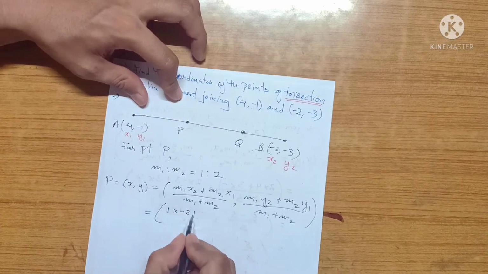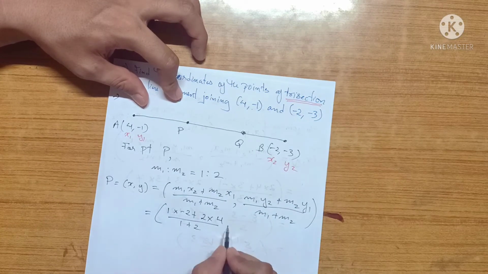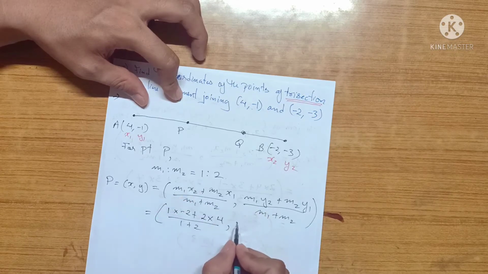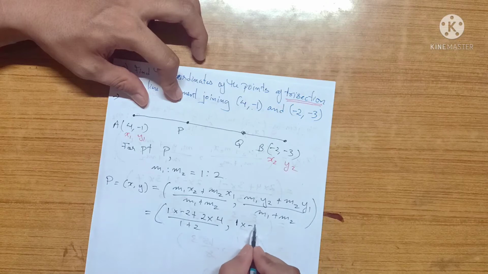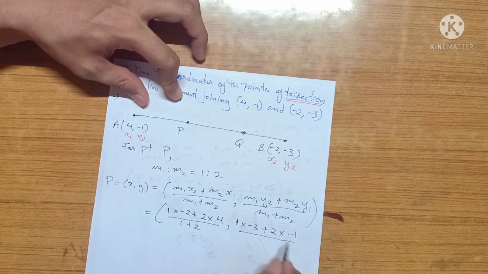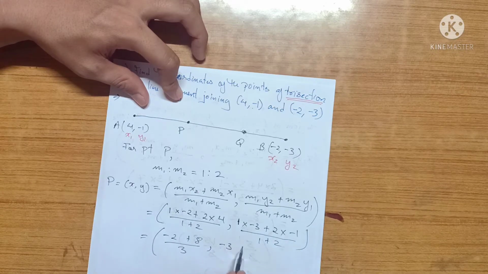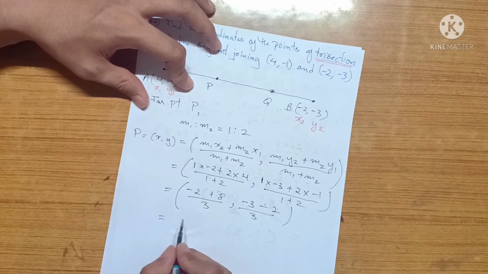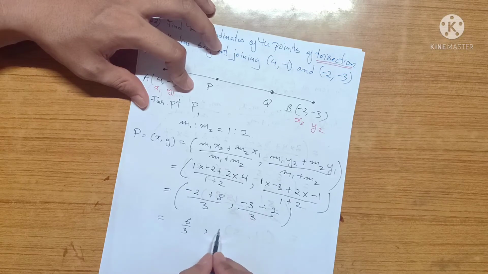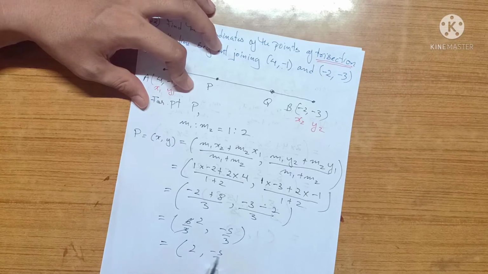So x2 is minus 2, plus m2 is 2, x1 is 4, by m1 plus m2, 1 plus 2. Here m1 is 1 again, into y2, which is minus 3, plus m2 is 2, into y1, which is minus 1, by 1 plus 2. So we're getting (minus 2 plus 8) by 3, comma, (minus 3 minus 2) by 3. This becomes 6 by 3 and this becomes minus 5 by 3. We can cut 3 twos, so we're getting (2, -5/3).